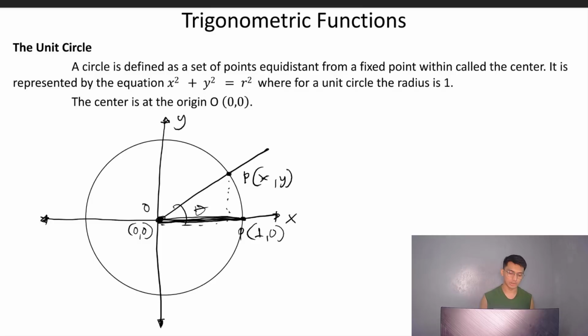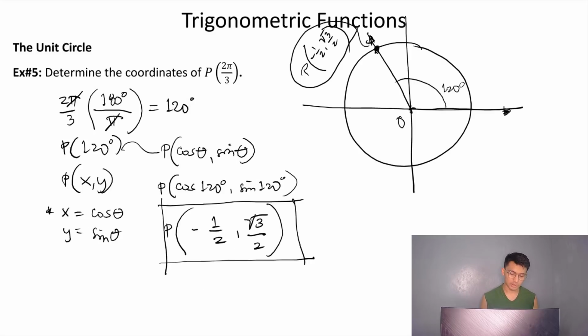Now, if we will notice, cosine 120 degrees is equal to negative 1/2. Bakit negative? And bakit yung sine 120 natin is positive? So, 120 degree angle ay nasa quadrant 2. Ayan. And this is the coordinates of the angle 120 degrees.